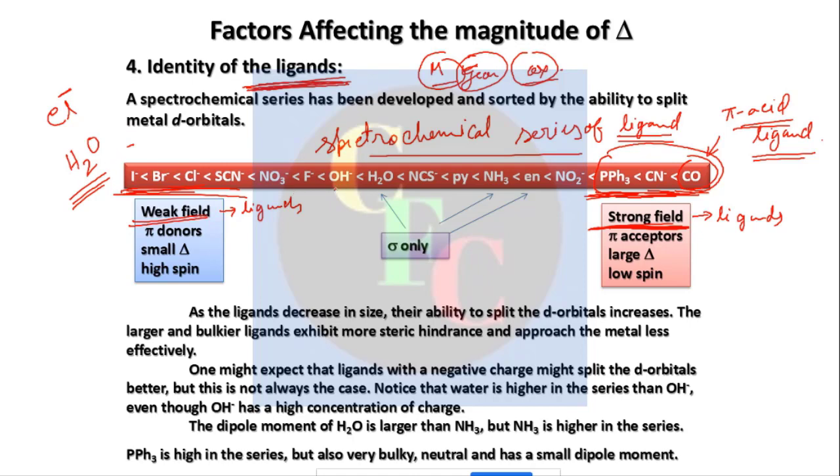Or OH minus has a negative charge, so hydroxide would produce a larger delta than water if, in crystal field theory, ligands are just point charges with only electrostatic interaction. Then a positively charged metal and a negatively charged ligand would produce more interaction than a positively charged metal ion and a neutral ligand. But it is not the case.